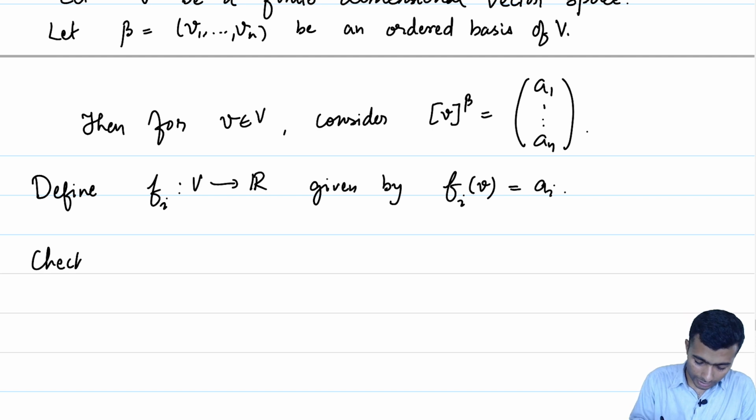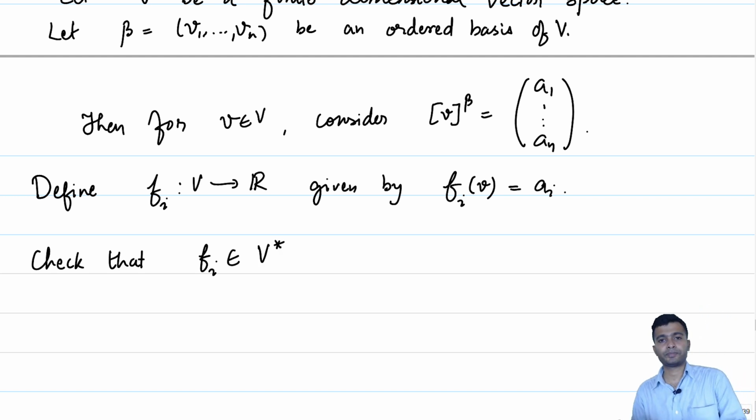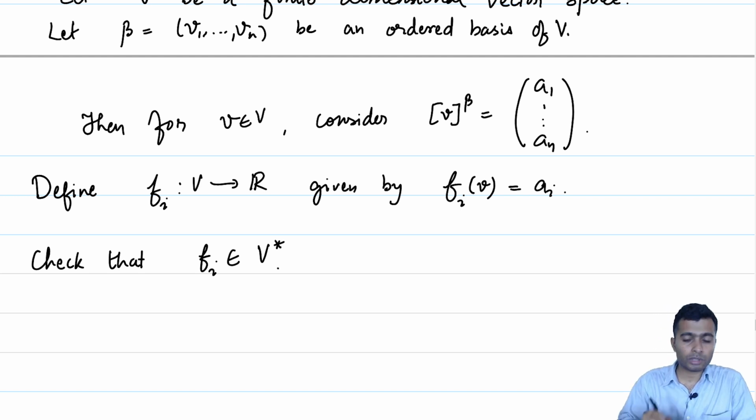Check, it is an exercise, that fi belongs to V star. So, given any ordered basis, for each basis vector, we have now constructed a corresponding linear functional. This linear functional has a name, it is called the ith coordinate function.